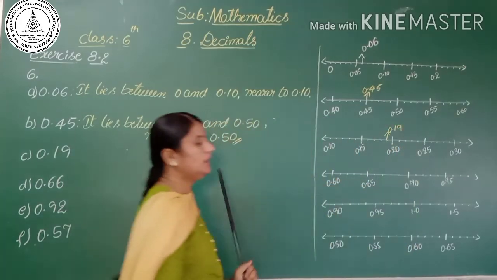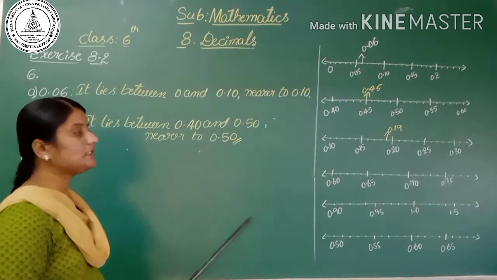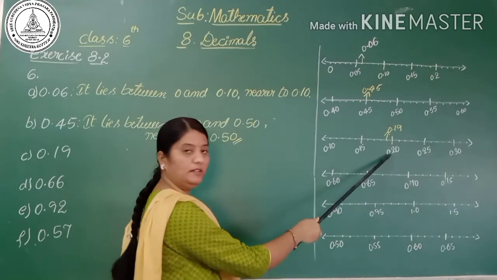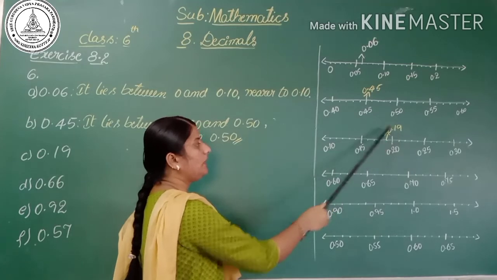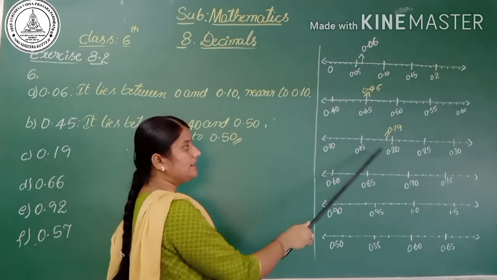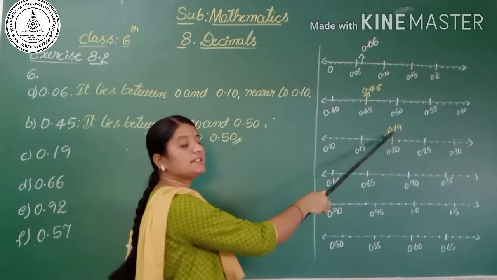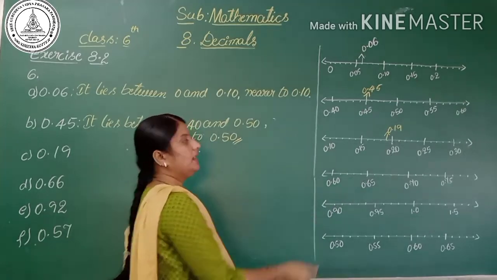0.19. Now can we say that 0.19 lies between 0.10 and 0.20? Right? 0.19 lies between 0.10 and 0.20, and it is nearer to 0.20. Yes, right.